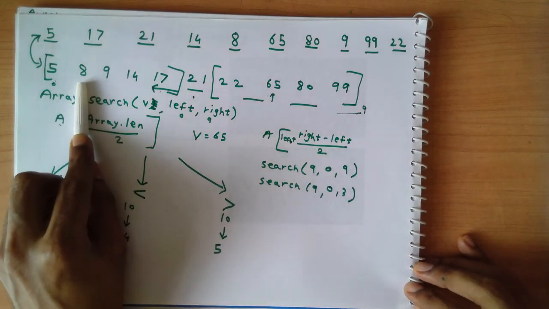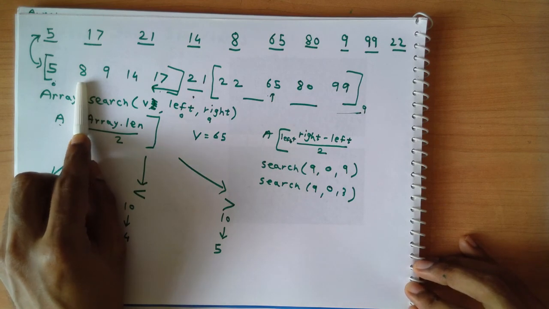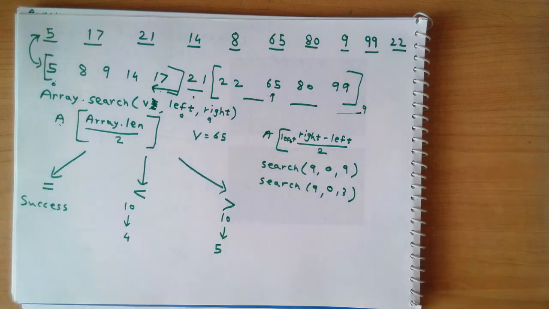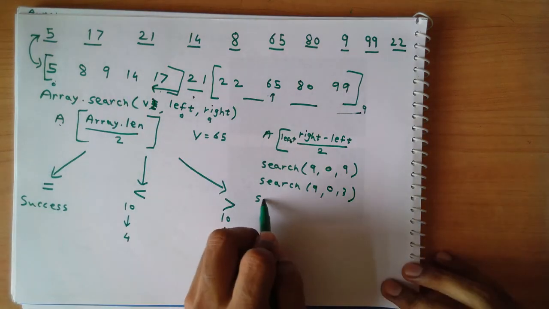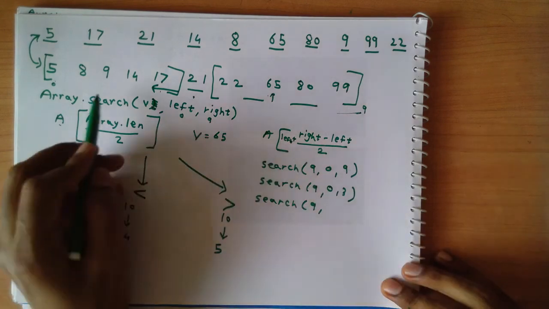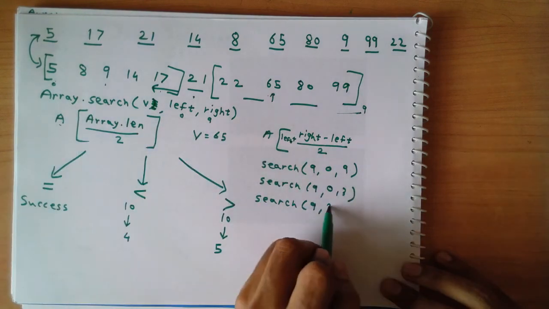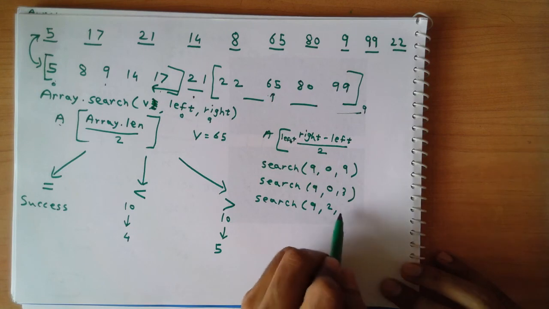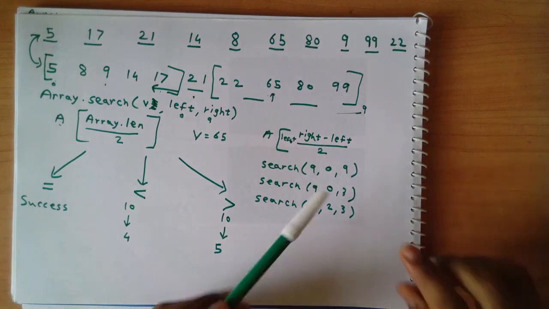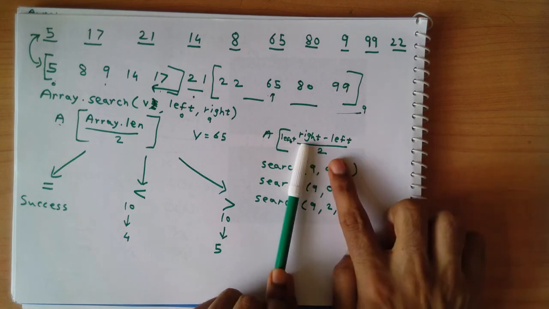Okay, so I am going to compare 9 with 8, and 9, if present, would be towards the right of 8. So I am going to search for value 9 starting from index 2 going up to index 3. Okay, so now I'm going to again come back here and ask the question.